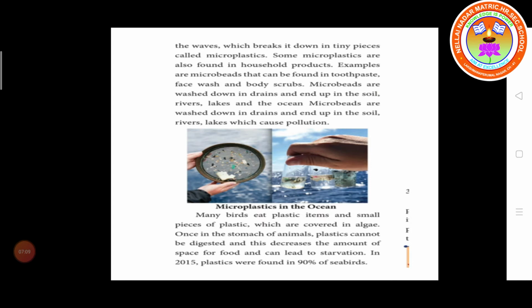They consume only a small amount of food due to the lack of space. The stomach is mostly filled with microbeads. In 2015, plastics were found in 90% of seabirds.